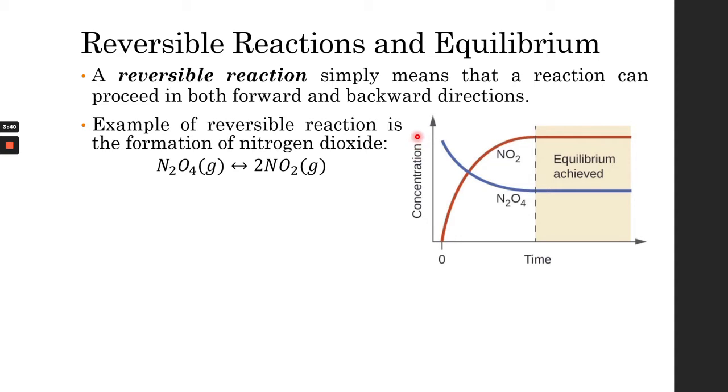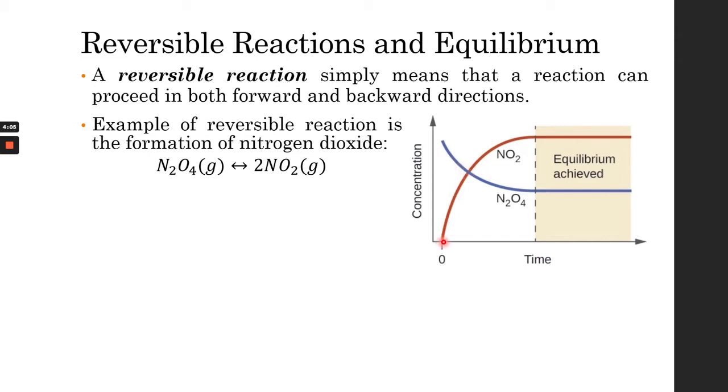Then as the reaction goes forward, as we discussed a little bit, as the reaction proceeds we start to create products. And what happens is we use up some of the concentration of our reactant, in this case N2O4. That's why, as you can see, the concentration of N2O4 slowly starts to decrease.